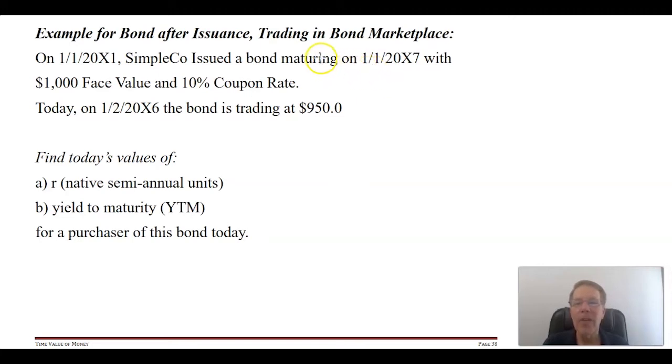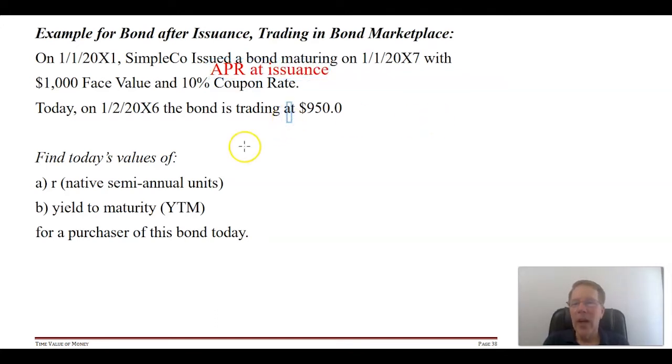Okay, so let's say on the first day of 20X1, SimpleCo issued a bond maturing on the first day of 20X7, with $1,000 face value, so $1,000 borrowed for each bond, $1,000 to be paid back, and a 10% coupon rate. So 10% coupon rate, we know that was the APR at issue.